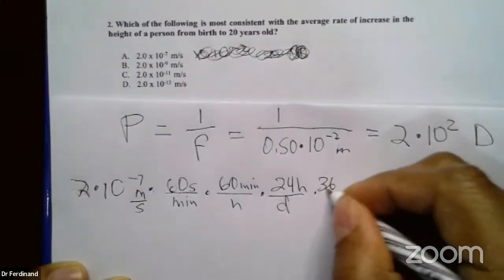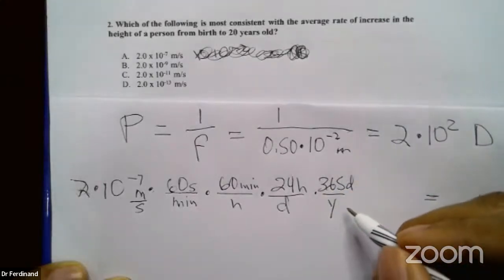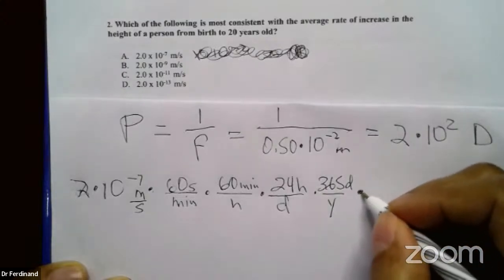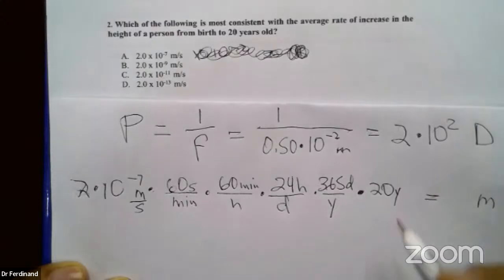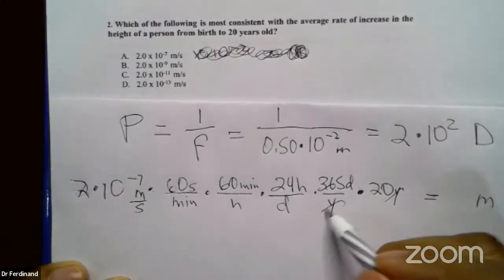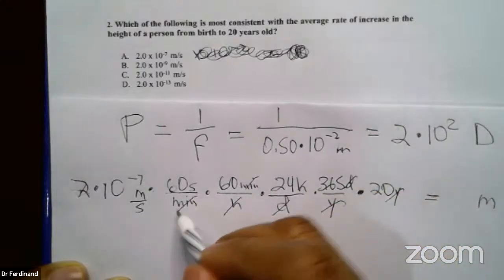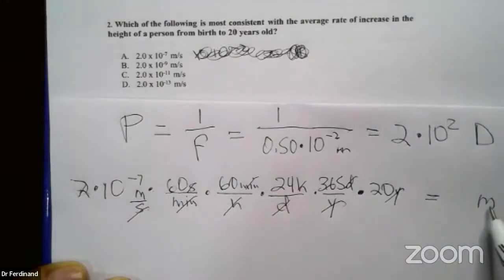There are 365 days in a year. And then finally, I need to get rid of years. Well, this is over a period of 20 years. And therefore, years cancel, days cancel, hours cancel, minutes cancel, seconds cancel. I end up with meters. And that's what I wanted.